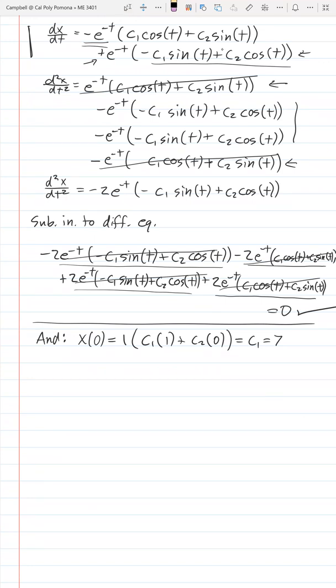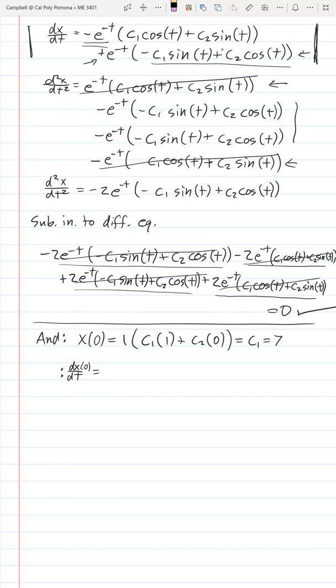Now additionally, we have the expression for the derivative, and we need to evaluate that expression for the derivative at t equals 0. Well, here's the expression for the derivative right here. So again, we plug in t equals 0, and what do we get?